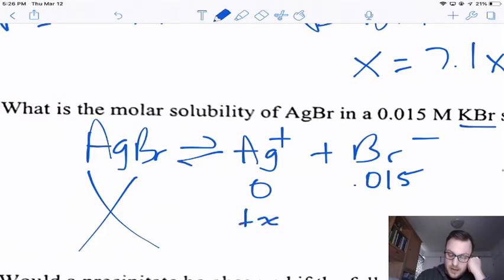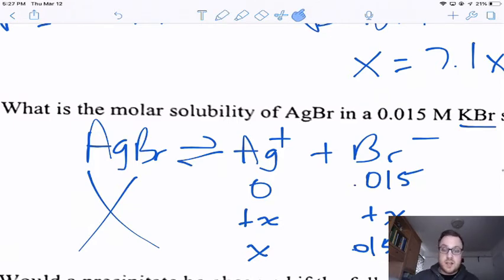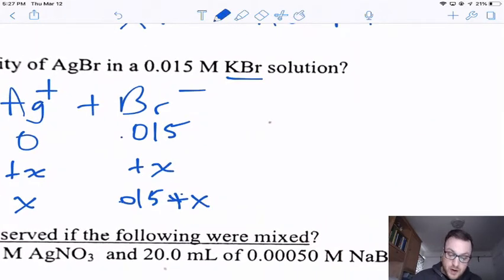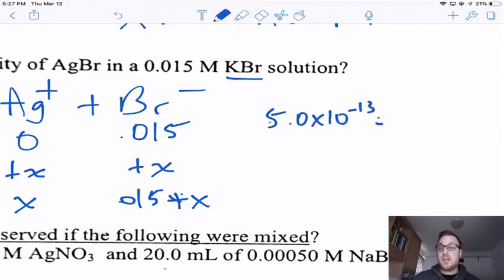This will go up by x to make x. This is also increasing because it's a product. So this will be 0.015 plus x. In this instance, since our K is very tiny, it's 5.0 times 10 to the negative 13th, we can safely say we can ignore that plus x, and we will have 0.015x.